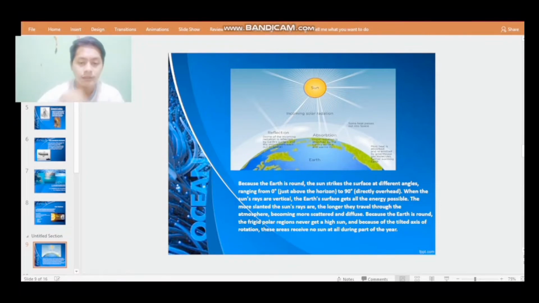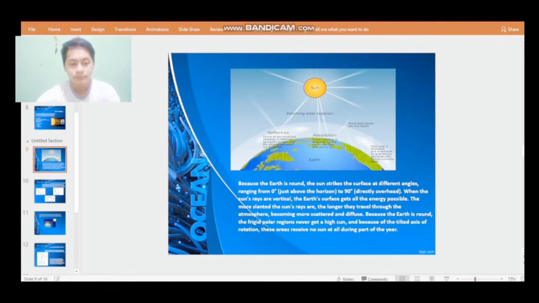The more slanted the sun's rays are, the longer they travel through the atmosphere, becoming more scattered and diffuse. Because the Earth is round, the frigid polar regions never get a high sun, and because of the tilted axis of rotation, these areas receive no sun at all during part of the year.